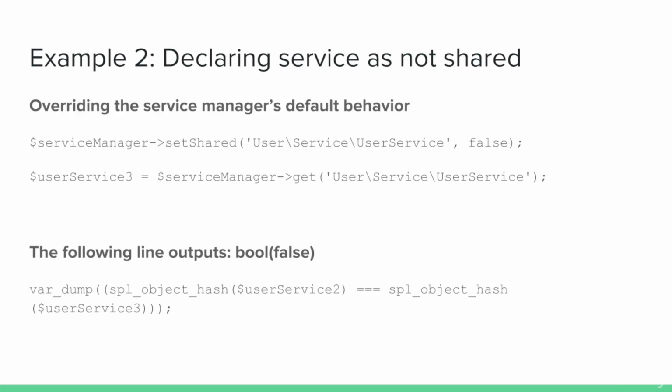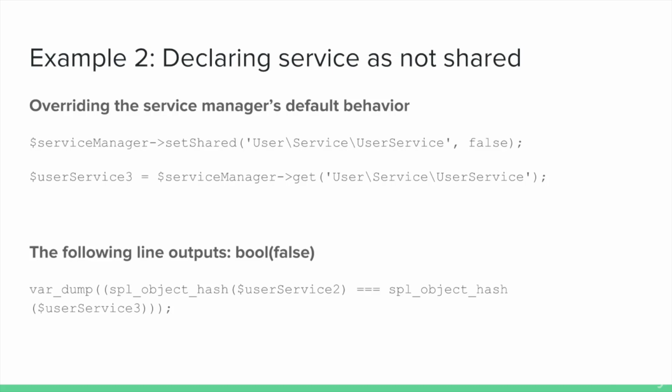Now I'll show you what happens if we declare a service as not shared, which is overriding the service manager's default behavior. We call the setShared method on the service manager, and the first parameter is the name of the service that we'll want to change the shared behavior of. And the second one is whether or not it should be shared, so a Boolean value.